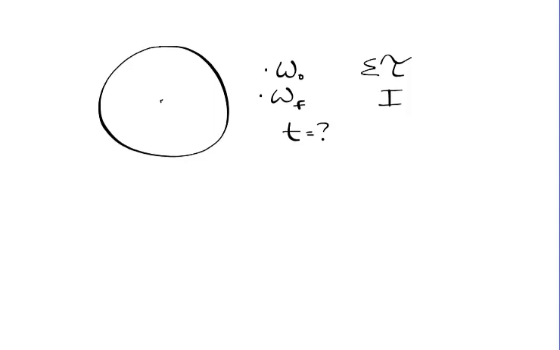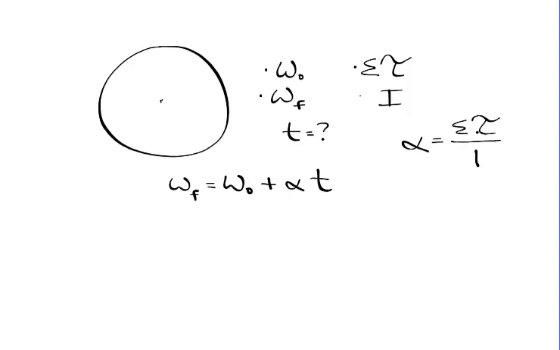And you went digging around in your kinematic equations, and you found that the final speed equals the initial speed plus the acceleration times time. This would work great as long as we knew the acceleration. But since we know the torque and the moment of inertia, we could find that acceleration by taking that net torque, dividing it by the moment of inertia, taking that result, putting it in here, and solving for time. This is not much different than what we did back when we learned Newton's second law.